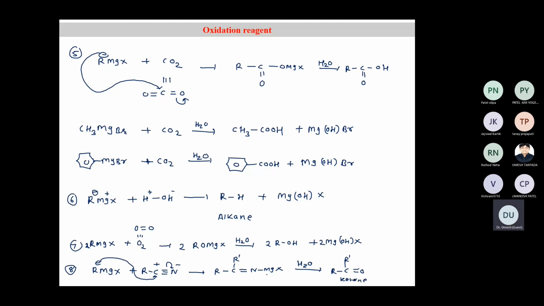And OH minus, 2 hydrogens are supplied to nitrogen, so it gives NH2MgX. So this is the way you can have various applications of Grignard reagent.